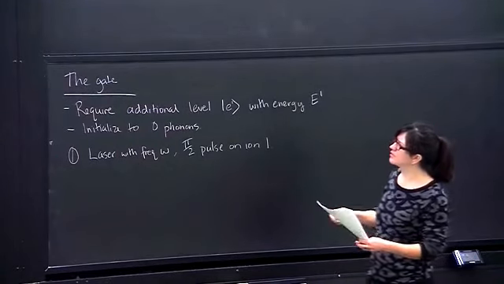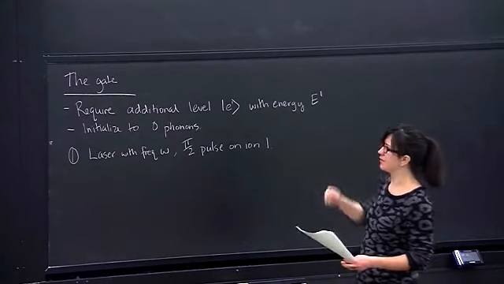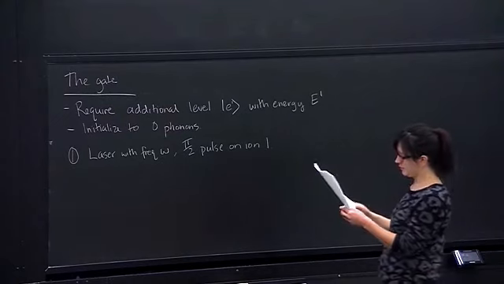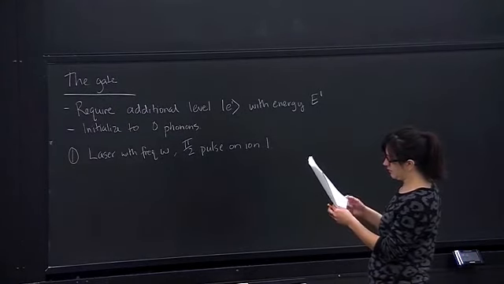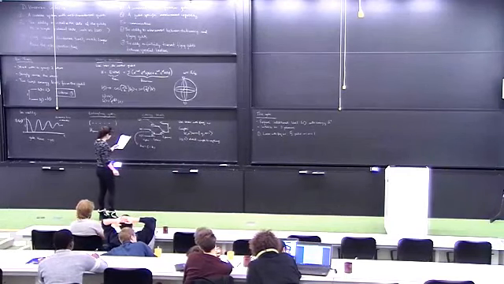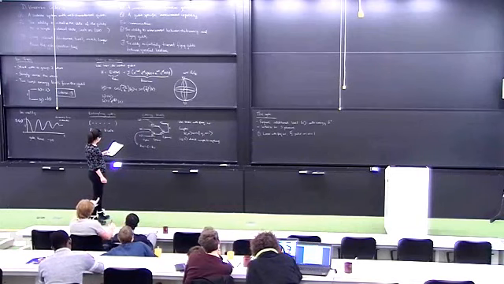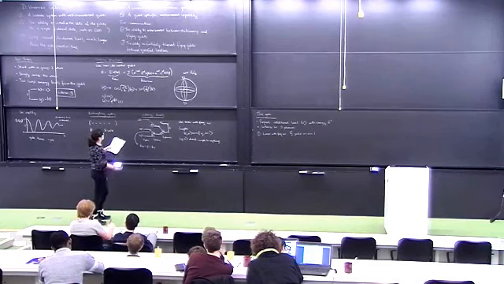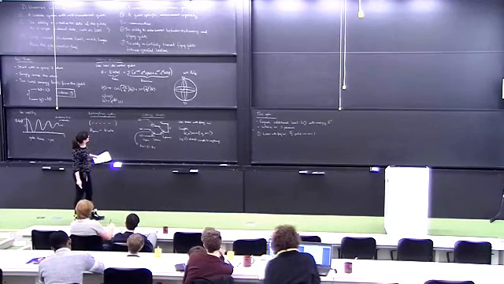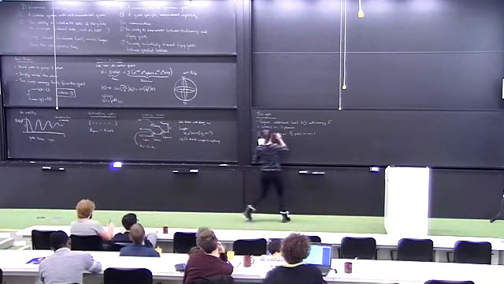So a pi-on-2 pulse should only take you from the ground to a superposition of the two states. Actually, what am I doing? Yeah, no, I think a pi-on-2 pulse must take you from the ground to the excited state. Yep, sorry.